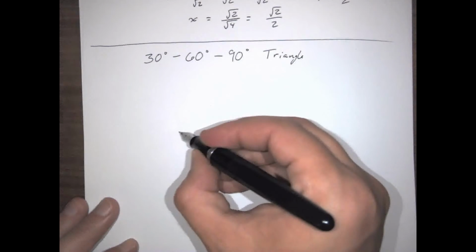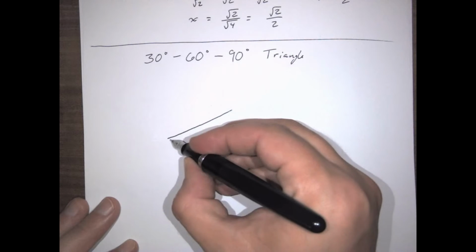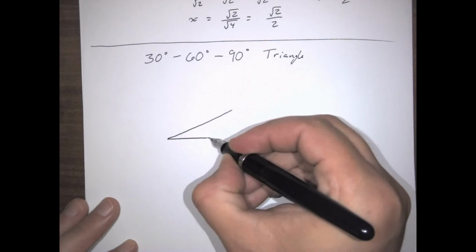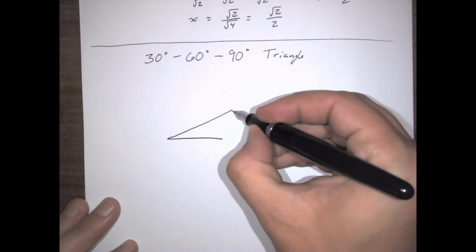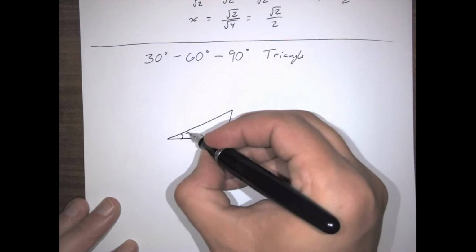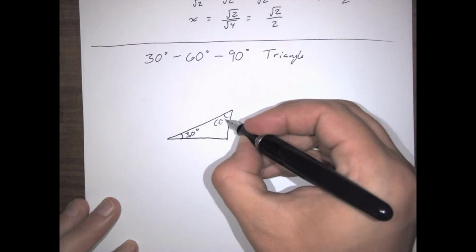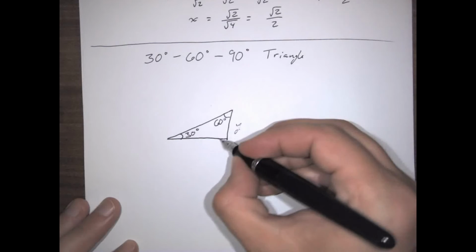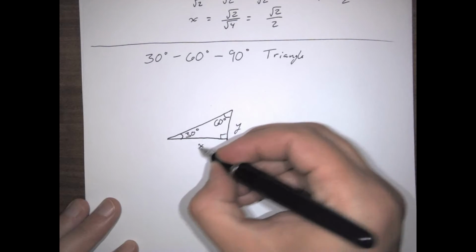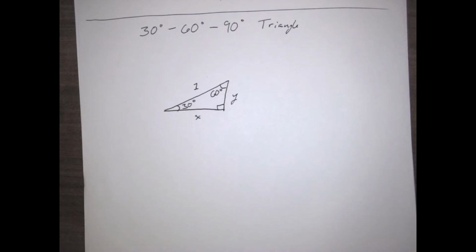So let's just think about that right triangle, what it would look like. So we'd have here say something like this. 30 degrees, 60 degrees. And let's just say y and x, as usual. Okay, and that one's 1.